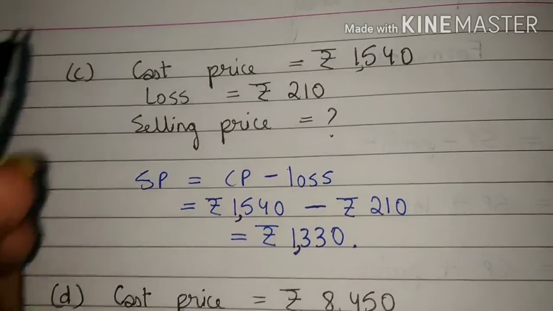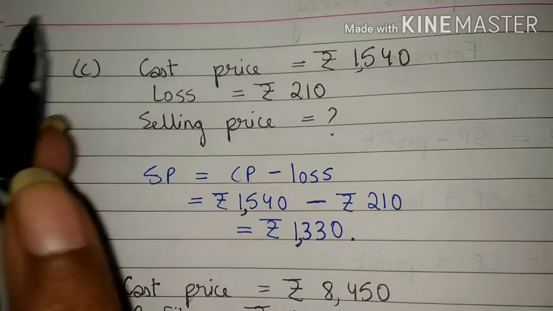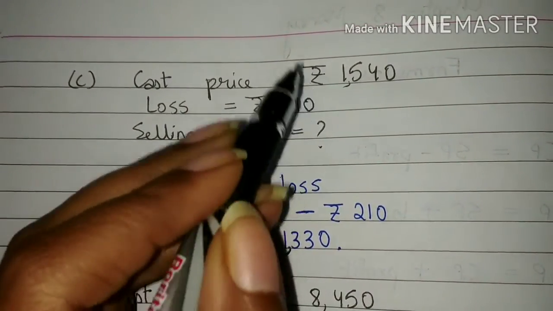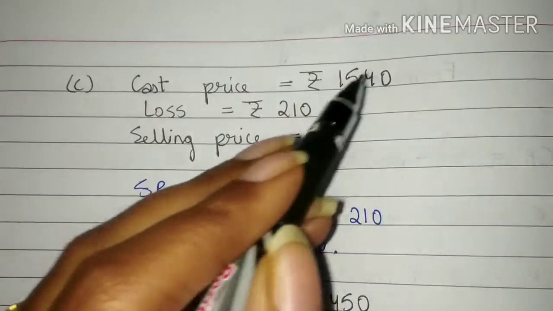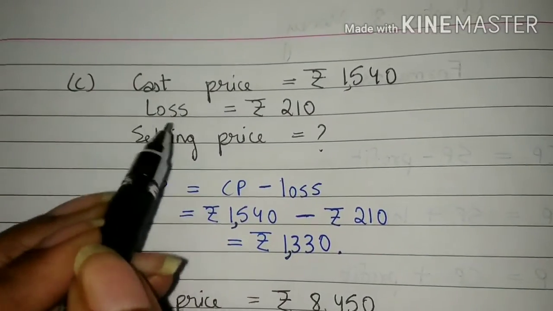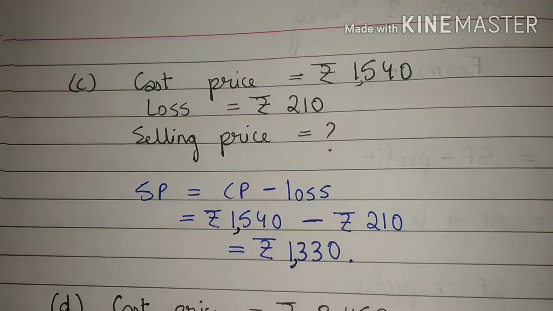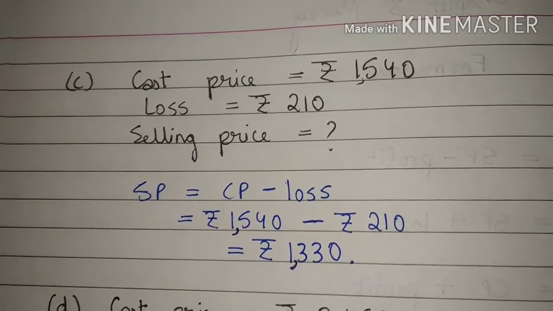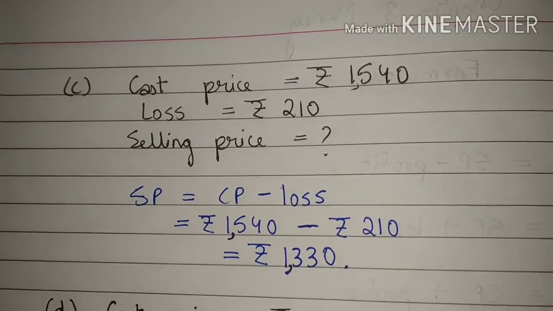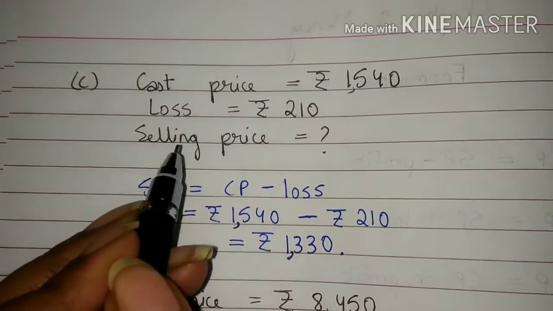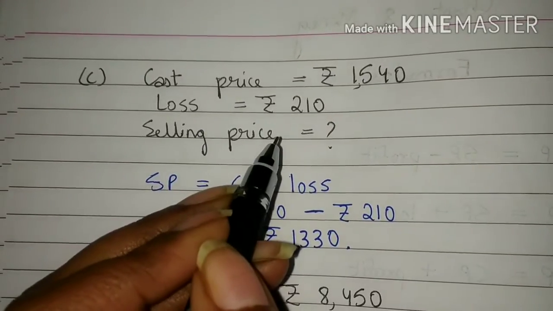Students, now come to C part. Cost price is given, that is rupees 1540. Loss is given, that is rupees 210. And students, there are two blanks. One is for selling price and the other is for profit.